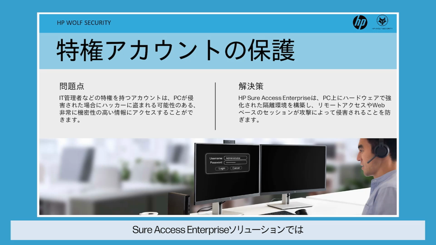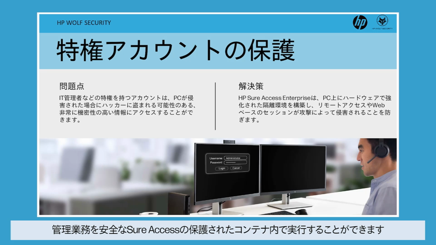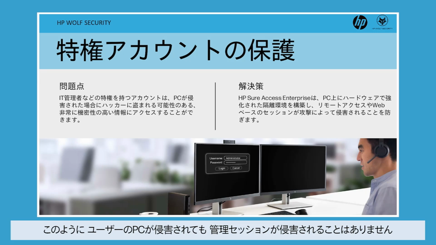And so what we can do with our SureAccess Enterprise solution is we can take the administrative activities that users do and run them in a secure, protected SureAccess container. And this way, even if the user's PC is compromised, the administrative session will not be compromised.